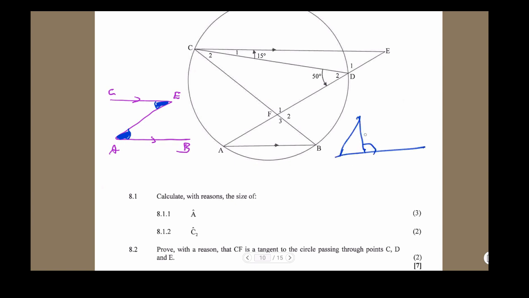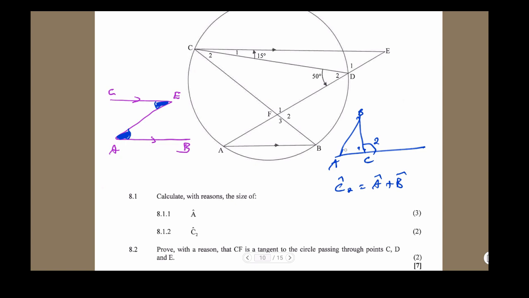If you have a triangle ABC, and this is angle C1 and this is angle C2, we learned that C2 is going to be angle A plus angle B. The exterior angle of a triangle is equal to the sum of the opposite interior angles.